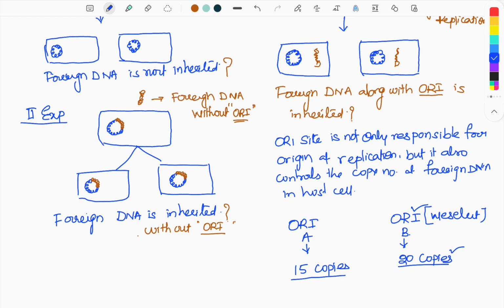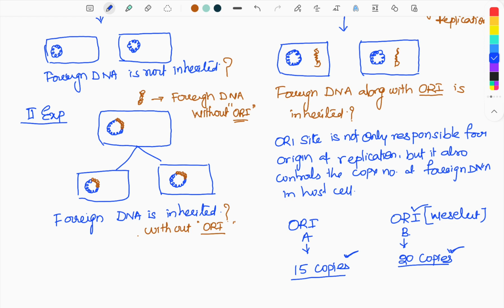Remember, the ultimate aim of the plasmid, of recombinant DNA technology, is to get as many copies as we can through the host cell. So we should select that ORI which can support the maximum number of copies. In case B, it can support 20 copies; in case A, 15 copies. That is the difference we find here.